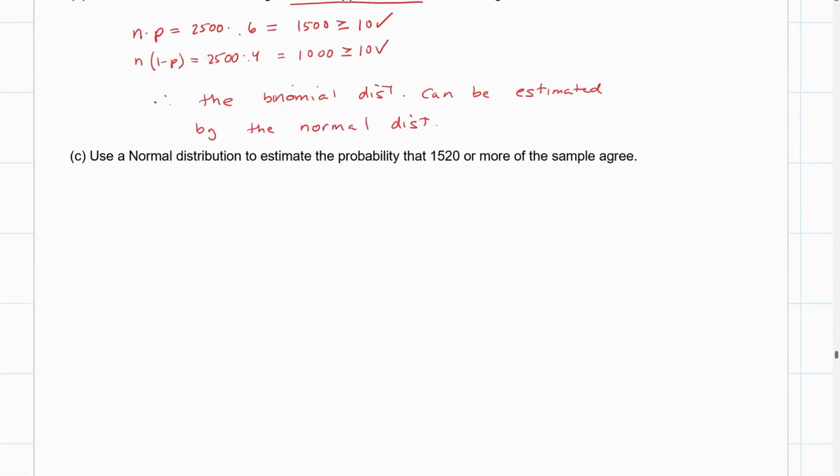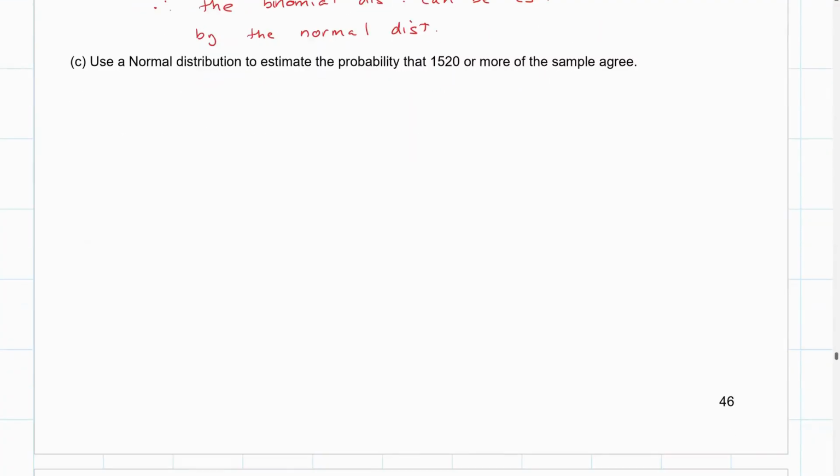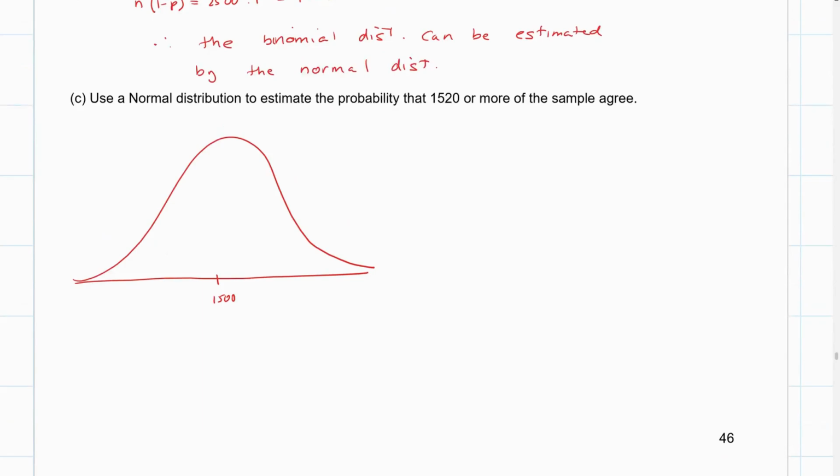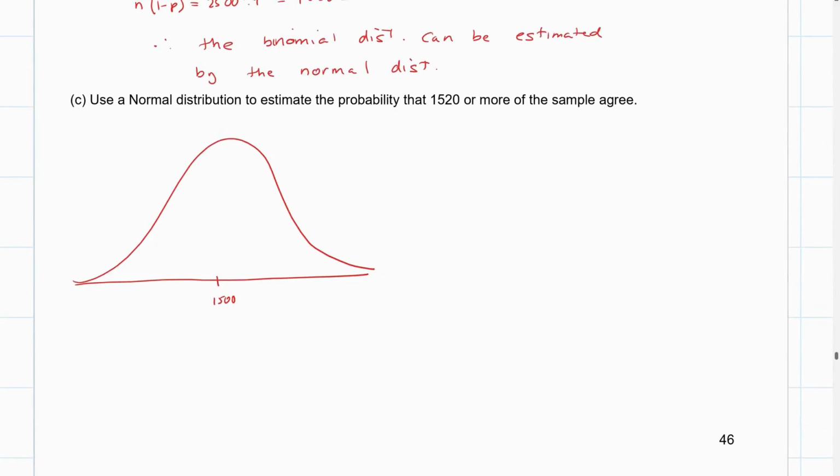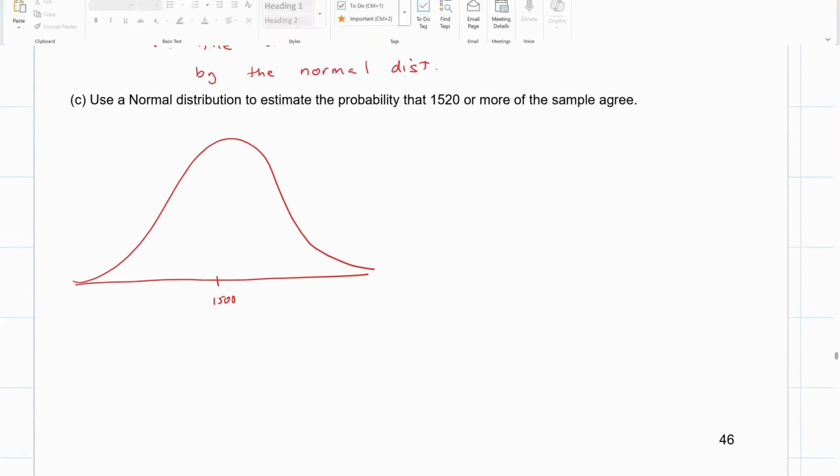It says, use the normal distribution to estimate the probability that 1,520 or more of the sample agree. All right, let's draw that normal distribution. Remember, we said it was centered at 1,500, the expected number of successes. We need to find the standard deviation.